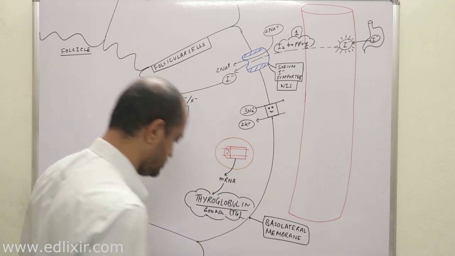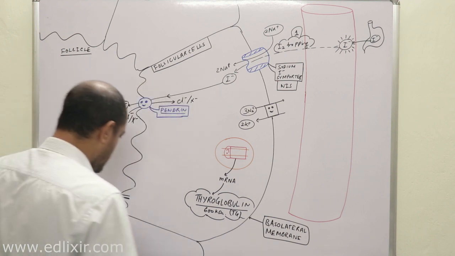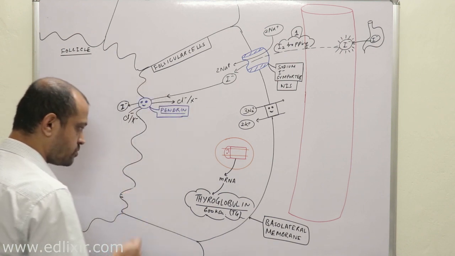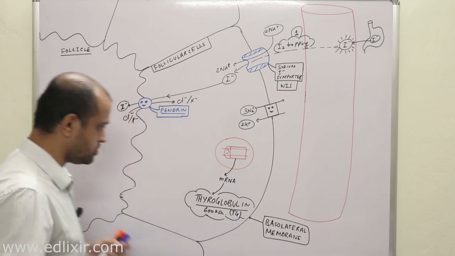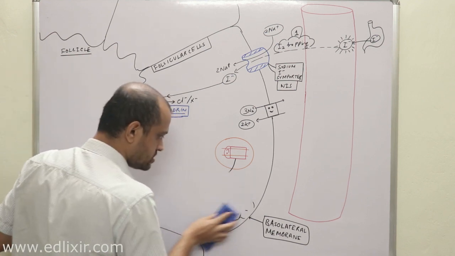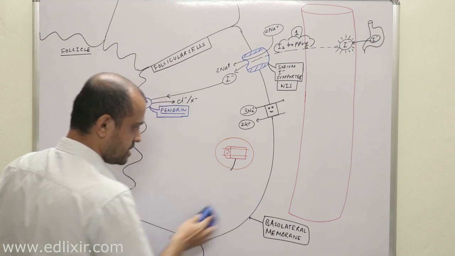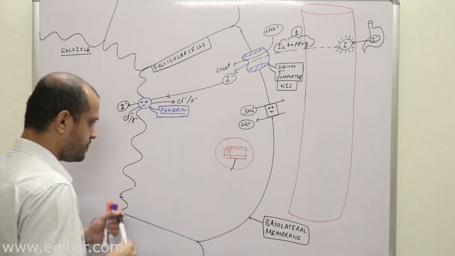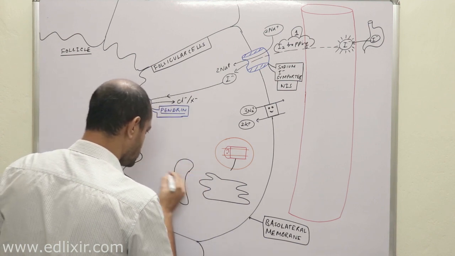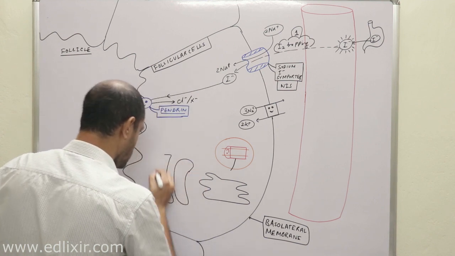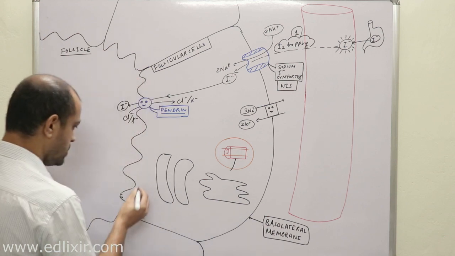So thyroglobulin is a big protein. Now suppose you have already read these things in your molecular biology class, and suppose this is your Golgi bodies.